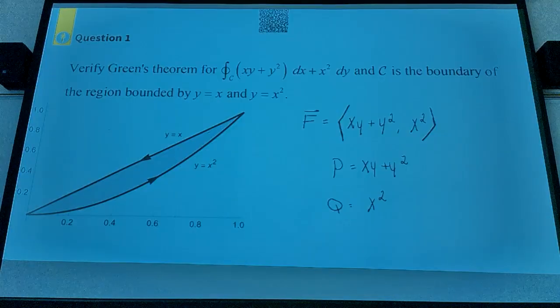That is another trick you can use when you're doing parameterizations. In this case, it's more convenient for me to parameterize it in the opposite direction. So I'll just multiply the result by -1.